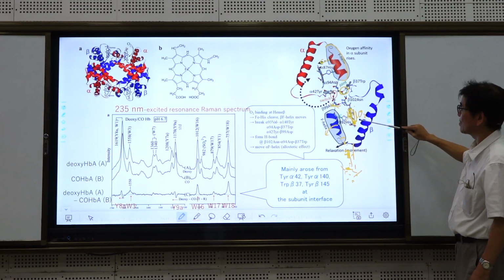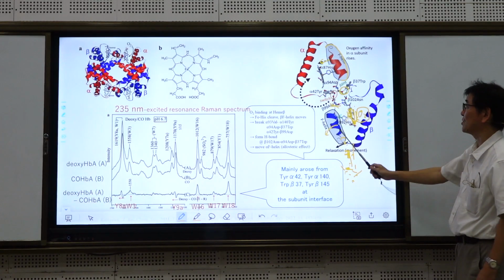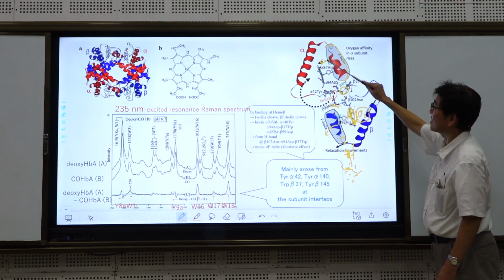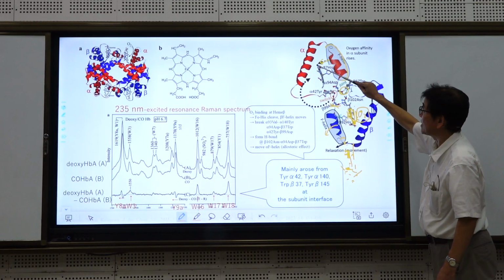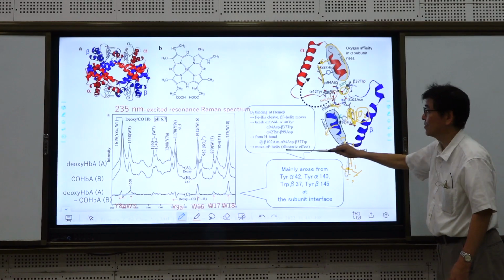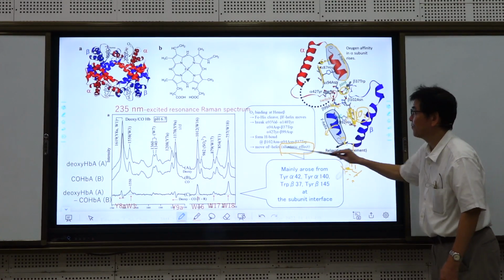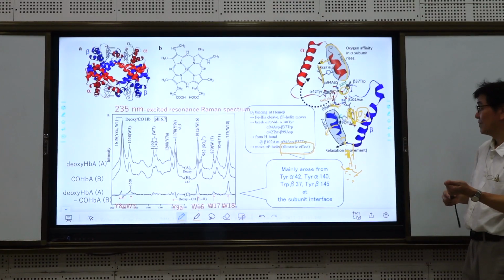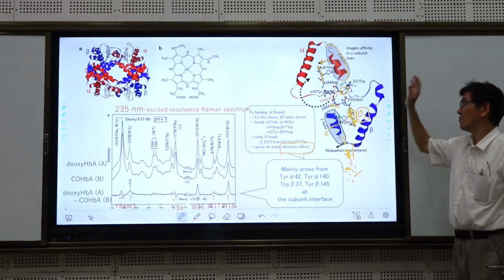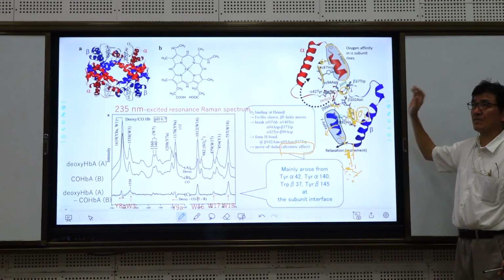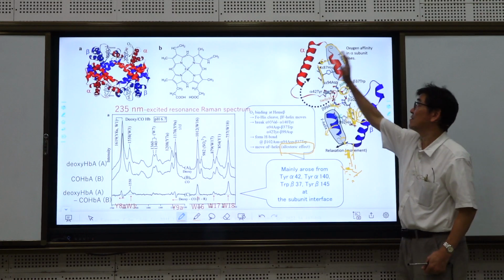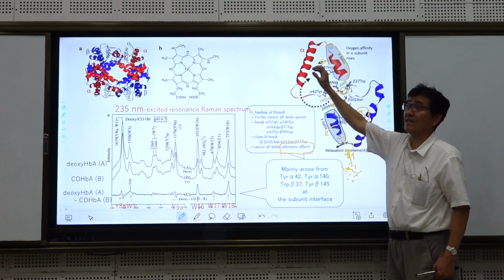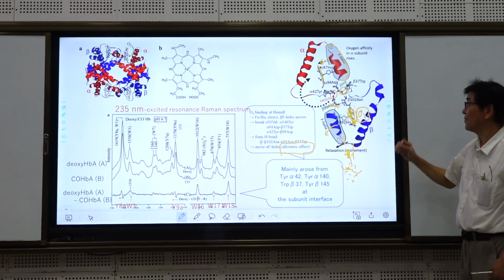So attachment of O2 onto the beta subunit affects the status of the heme in the alpha subunit, and it causes the allosteric effect. Allosteric effect means the attachment of one oxygen affects another binding site and facilitates the binding of oxygen.